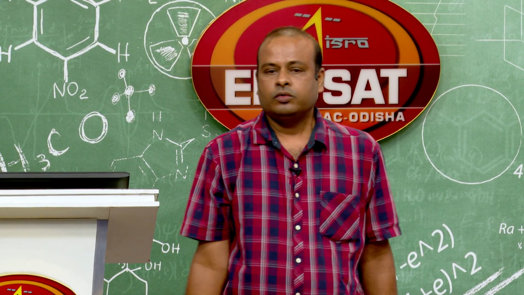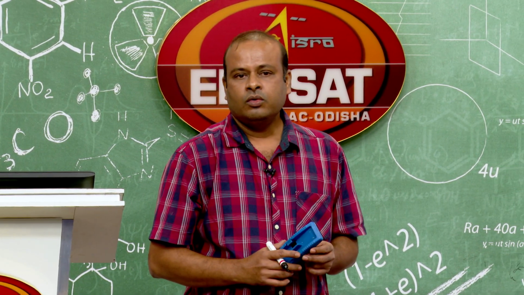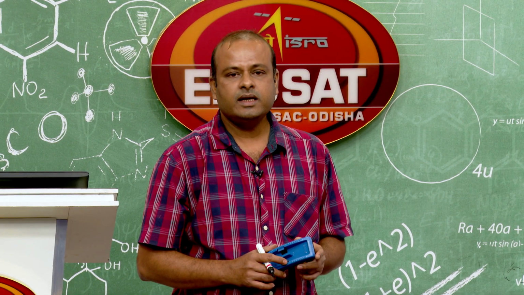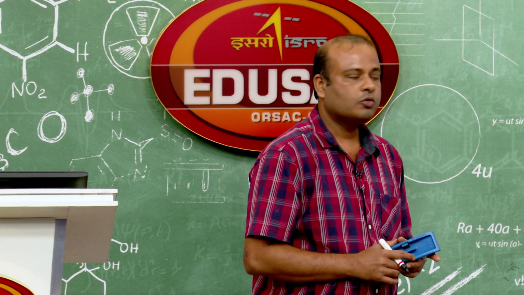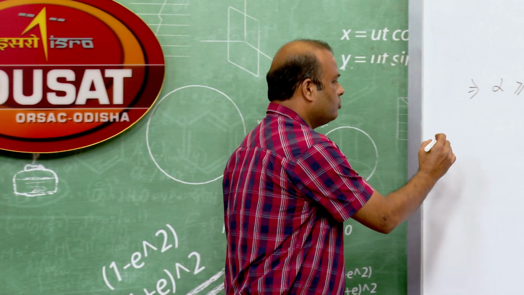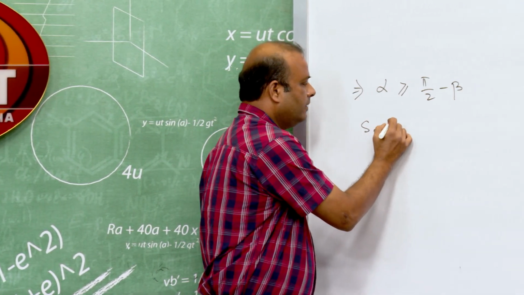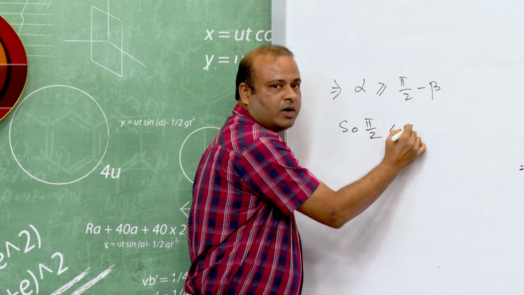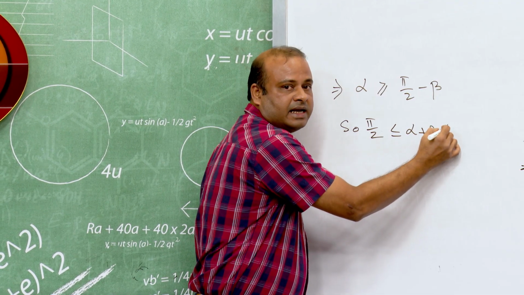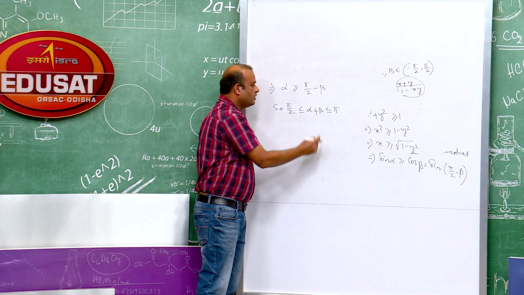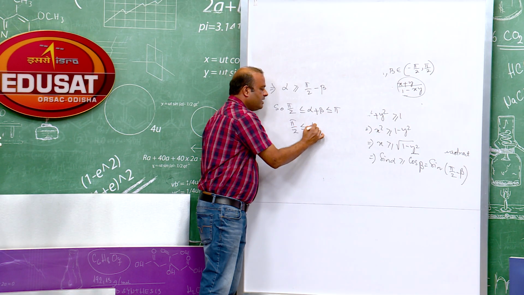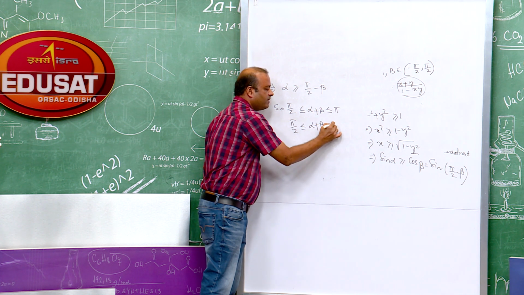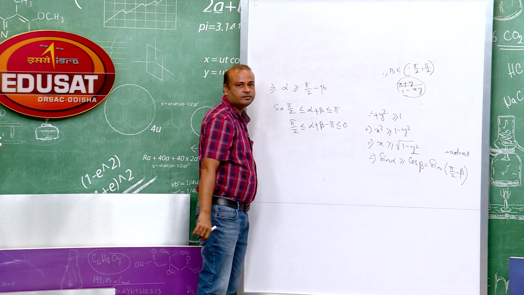So pi by 2 less than equal to alpha plus beta less than equal to pi. So take pi on this side. So pi by 2 less than equal to alpha plus beta minus pi less than equal to 0.